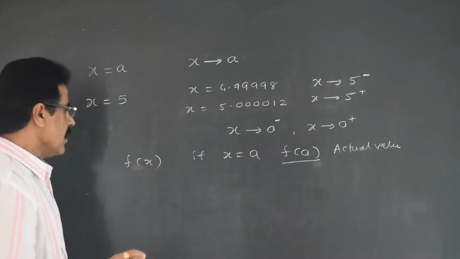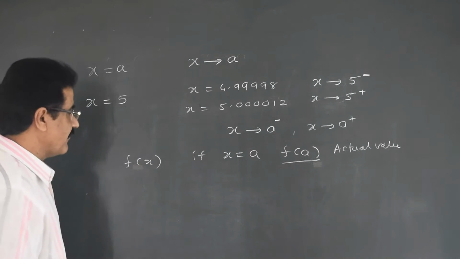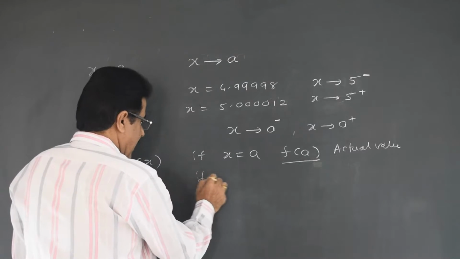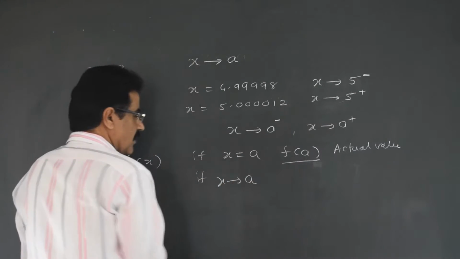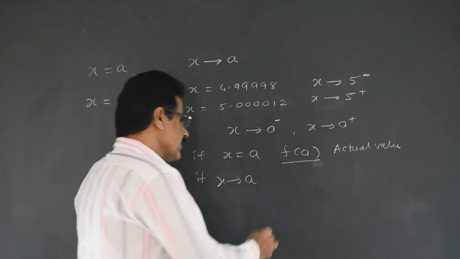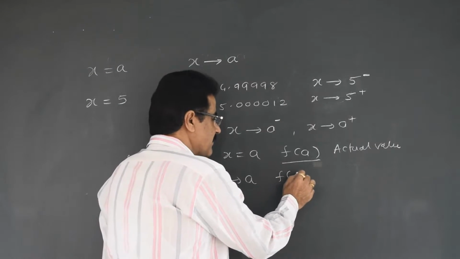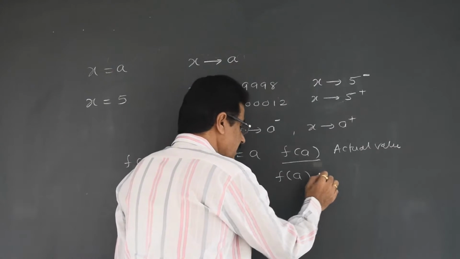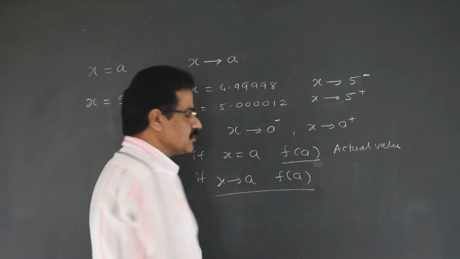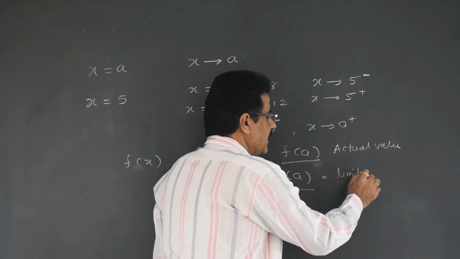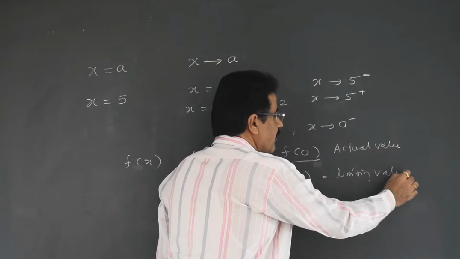But if we want to find out the limiting value of the function, then what are you going to do? Here x tends to a now. Even though you are going to replace this x by a, whenever we take x tends to a, this is not called the actual value, this is called the limiting value of the function.